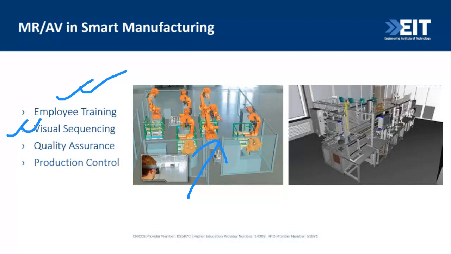So quality assurance, I think someone is mentioning that one. Blending digital information into the real world enables the on-site teams to validate the quality of their work and identify discrepancies in real time. As a result, they benefit from a short communication loop with the office team. What mixed reality is doing in this case is helping to embed quality assurance in the production process by enabling real-time visual analysis of the assembled product.